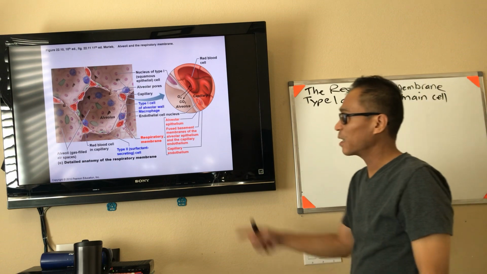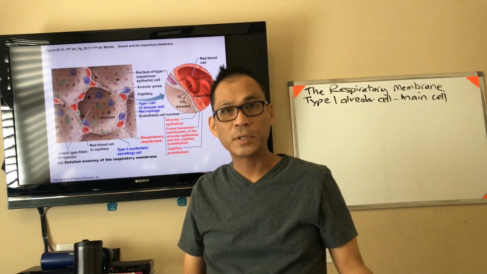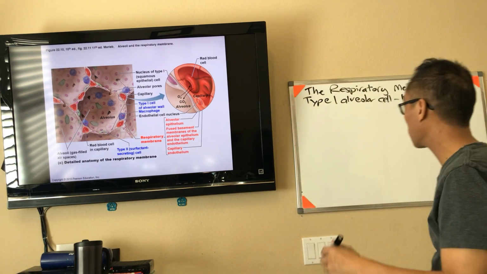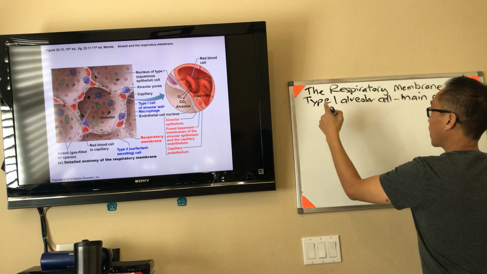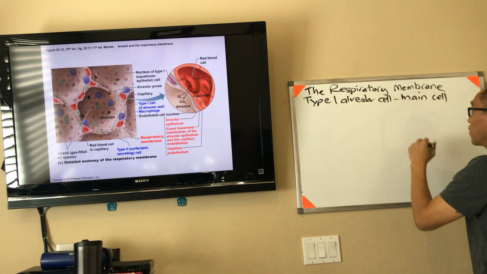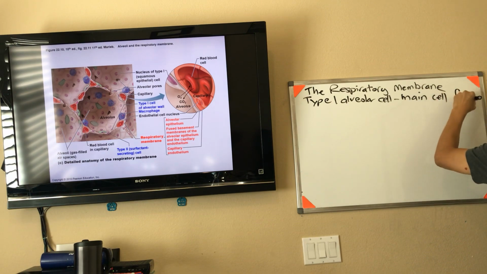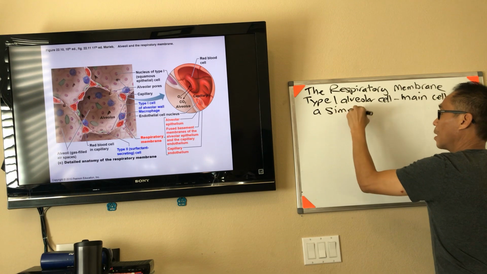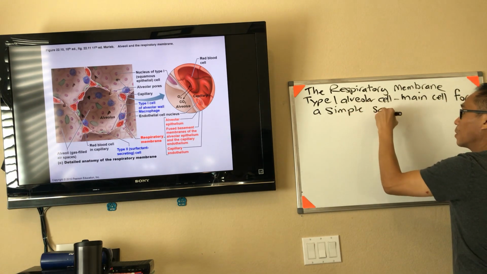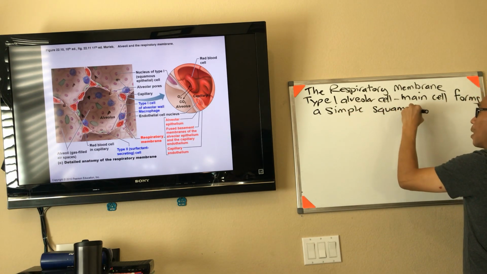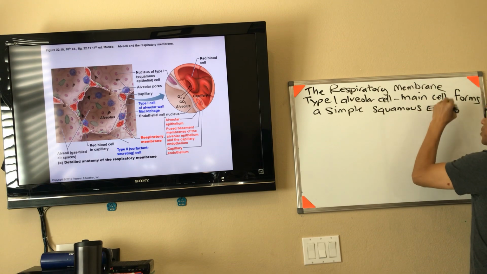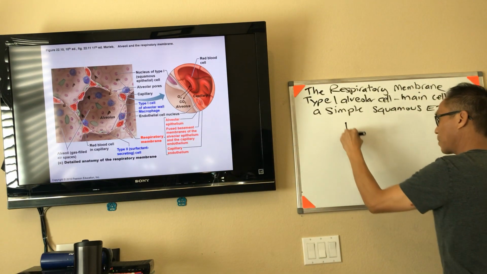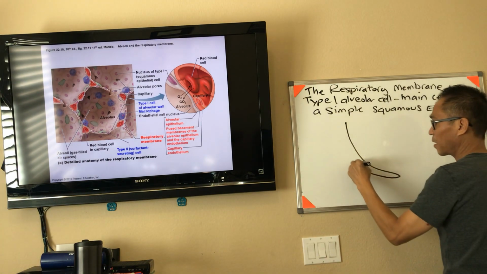This is basically an epithelium, and we would describe it as a simple squamous epithelium if this were a histology class. So the respiratory membrane, just the type 1 alveolar cells, the main cell, it forms a simple squamous epithelial tissue. So if I draw this cell here as an epithelial cell, squamous cell, kind of go like that.